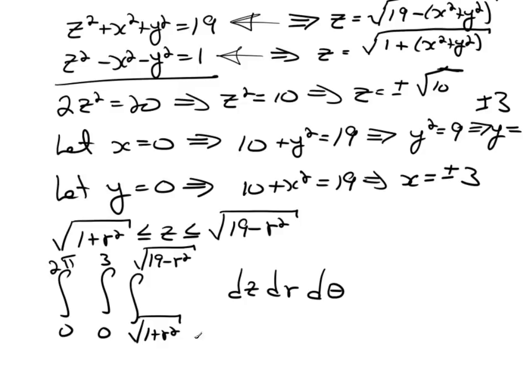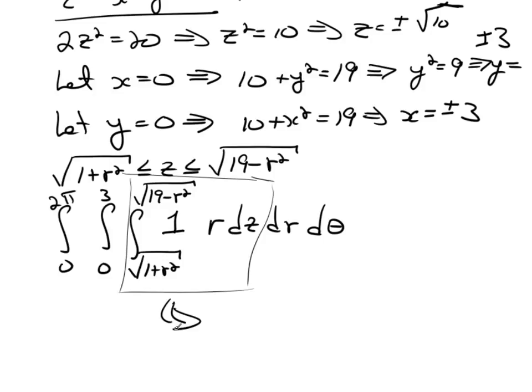And, of course, to switch to polar means I need to put that r in here. And it's not necessary, but I'm going to put the 1 in, because that's a reminder that when I integrate this triple integral with a function of 1, what I'm getting is the volume of that region. So, like usual, let's go ahead and take this first piece with respect to z.